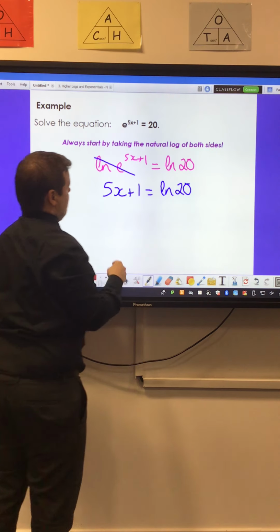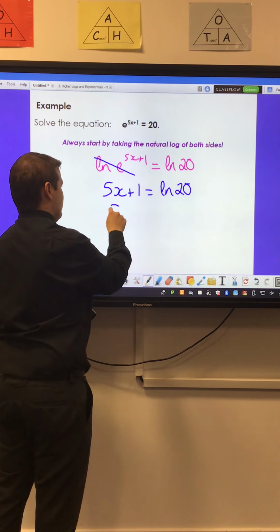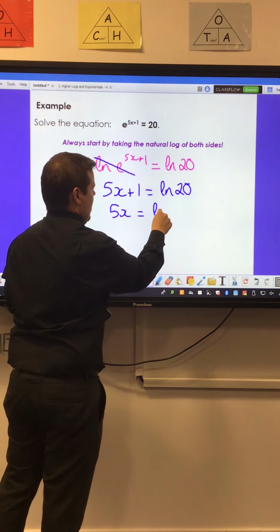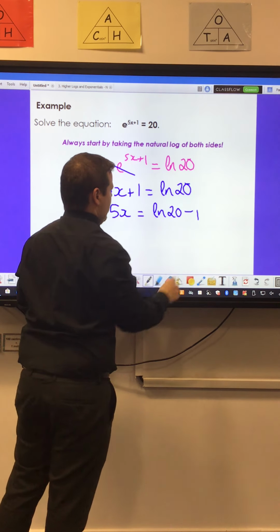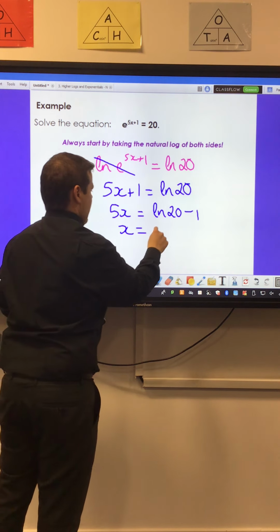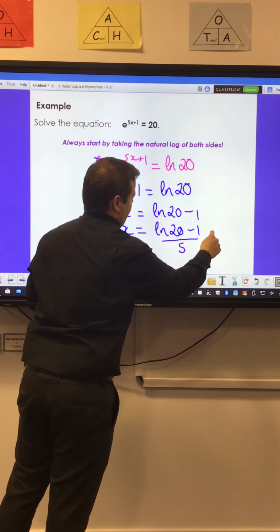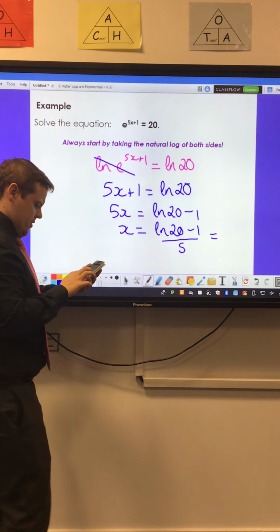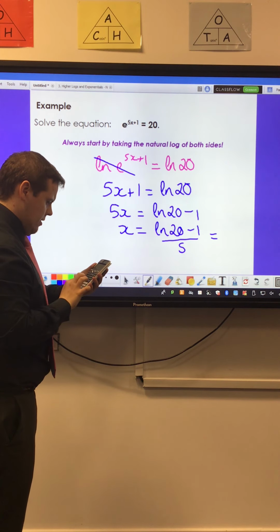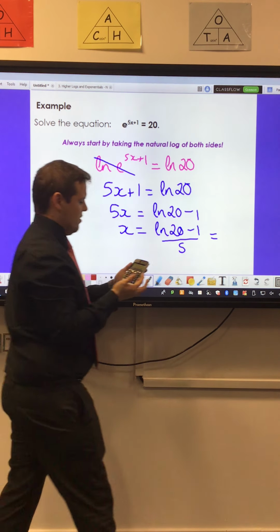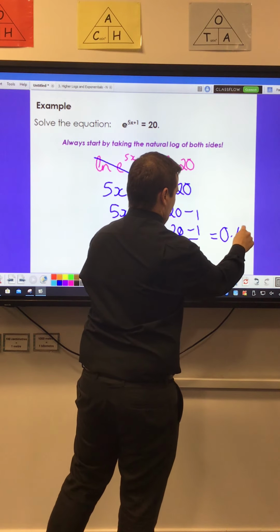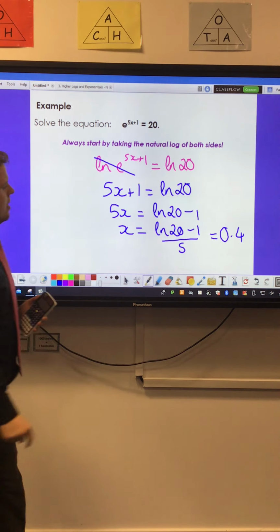Now you can solve it with ln 20, so 5x equals ln 20 minus 1, so x is ln 20 minus 1 divided by 5. It's 0.399, so you could write it to one decimal place as 0.4.